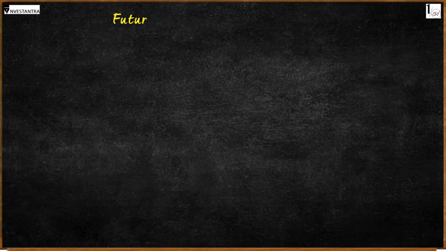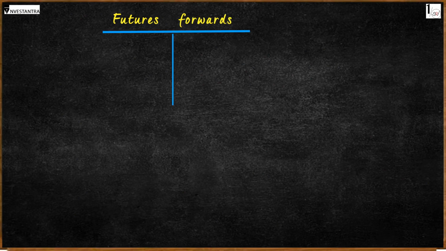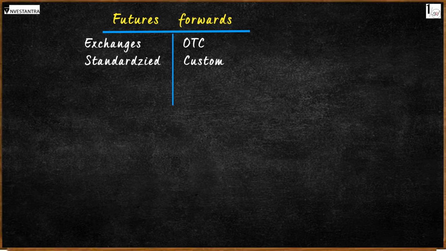We make a table and we'll talk about primary features, or what you need to remember about futures and forwards. Futures are traded on exchanges. Forwards are traded over the counter, right? Futures contracts are standardized, whereas forwards contracts are customized.